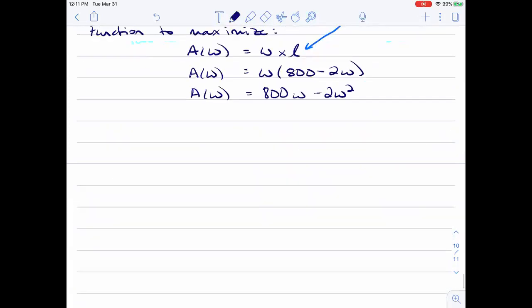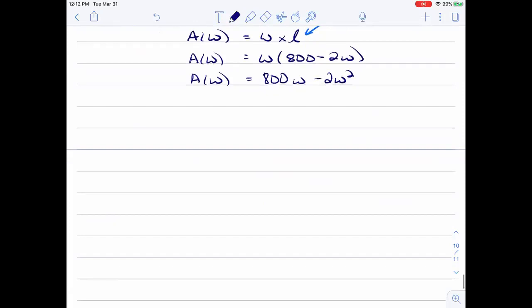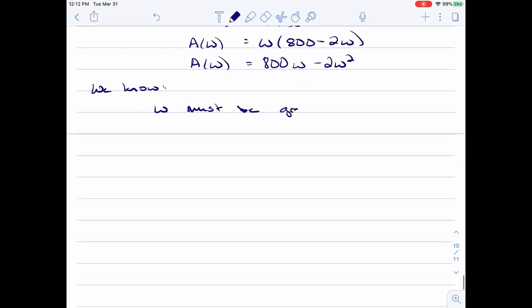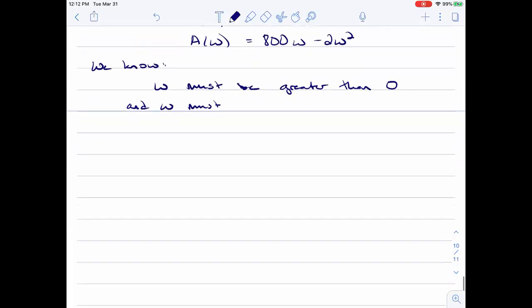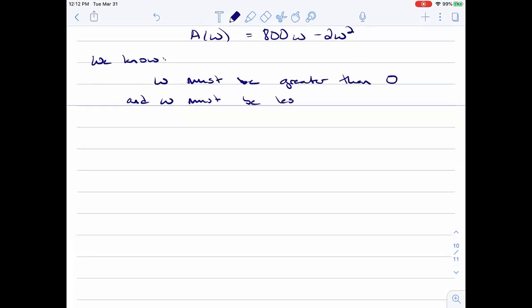And so here, we know W must be greater than 0, and W must be less than 800.